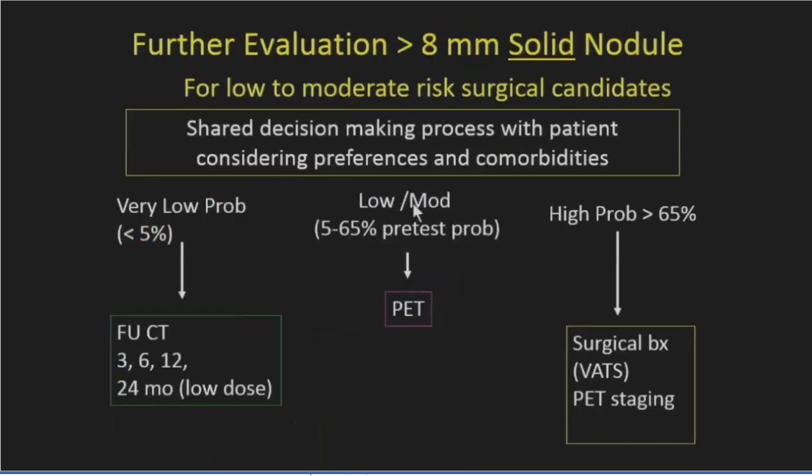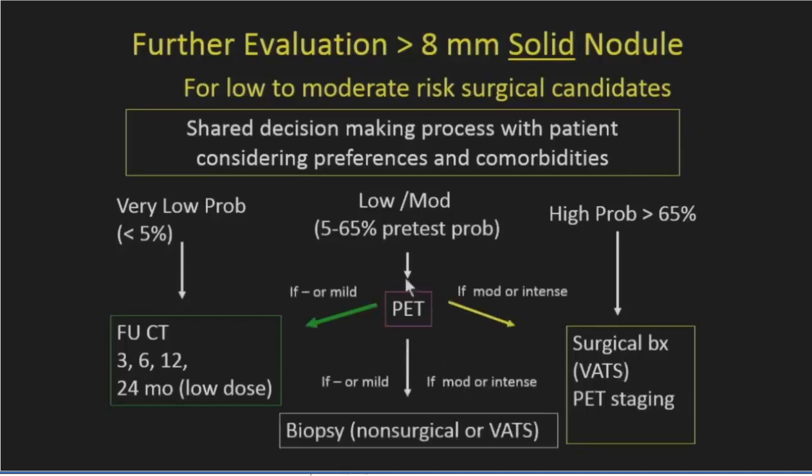PET, which is reserved in the ACCP guidelines for the low and moderate probability patients, and the high probability patients tend to directly go to some form of more aggressive biopsy, although they tend to oftentimes get PET if they're really suspicious for cancer, and that's really for staging. The intermediate probability group with PET, if you have negative uptake, this should go and get followed up, because we showed that carcinoids can be negative on PET.